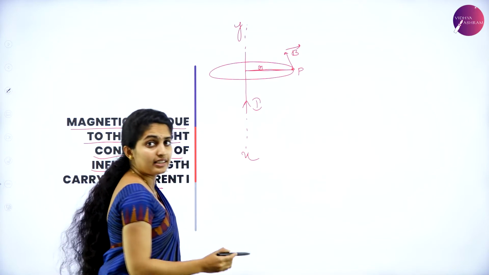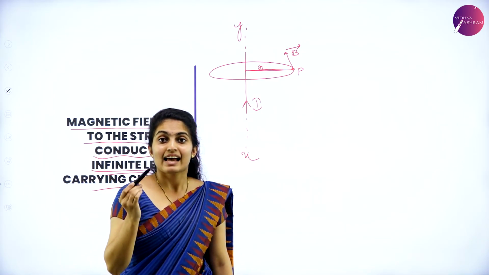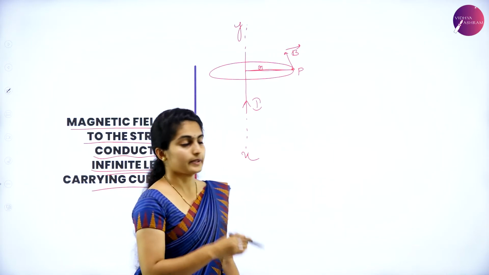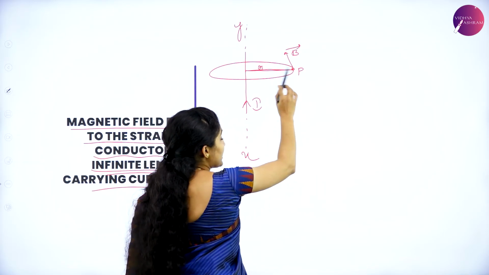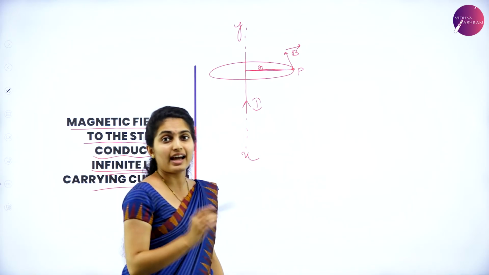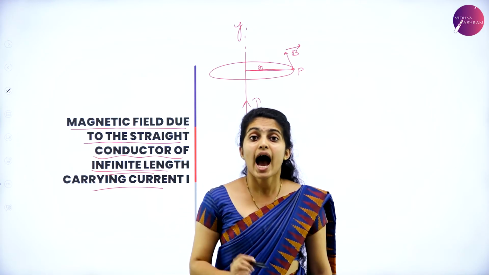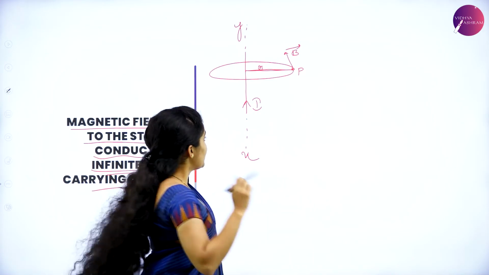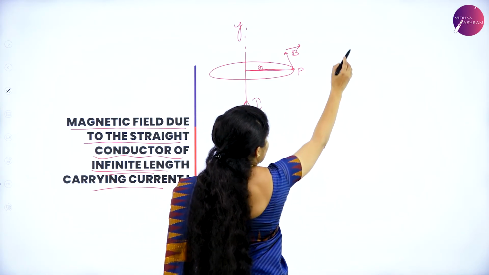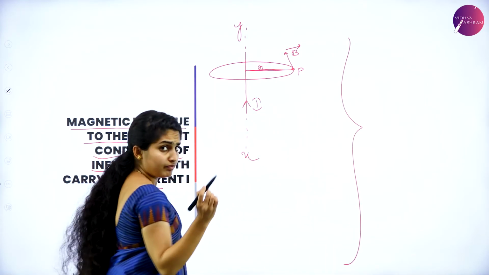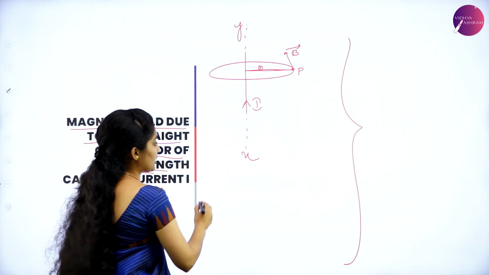It means the magnetic field lines act tangent to that circle, and that circle is known as the Amperean loop. Having this concept, it is time for us to apply the Ampere Circuital Law.